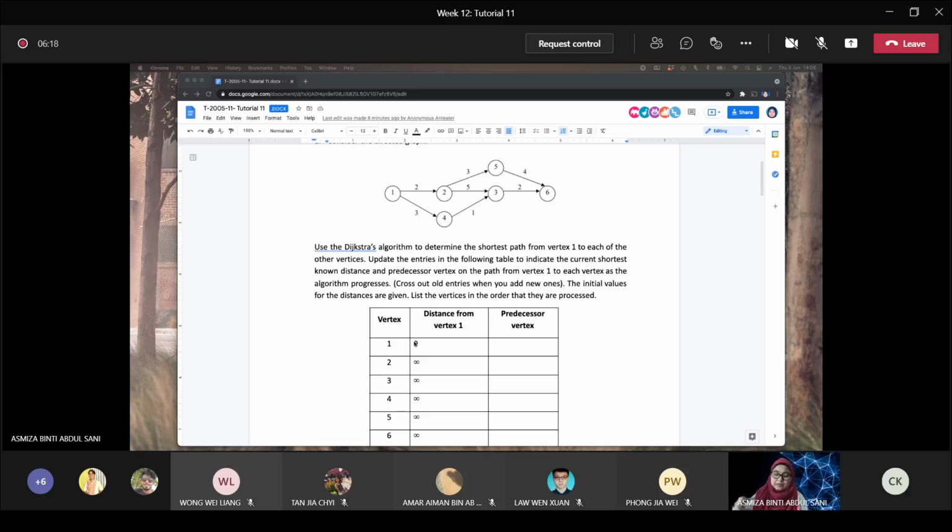If you remember, a negative cycle means that if the graph has a cycle and you add all the edges in the cycle and the sum is negative, then your graph has a negative cycle.